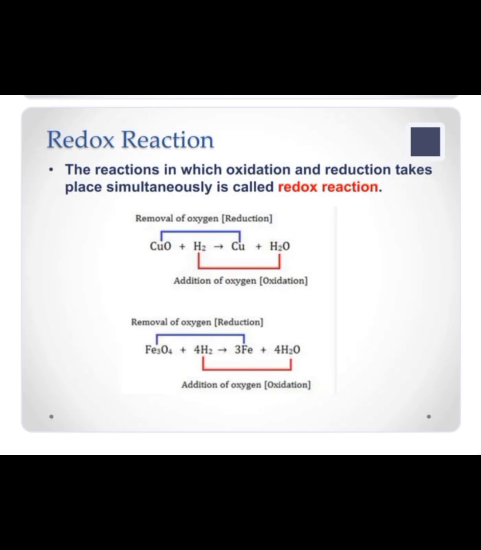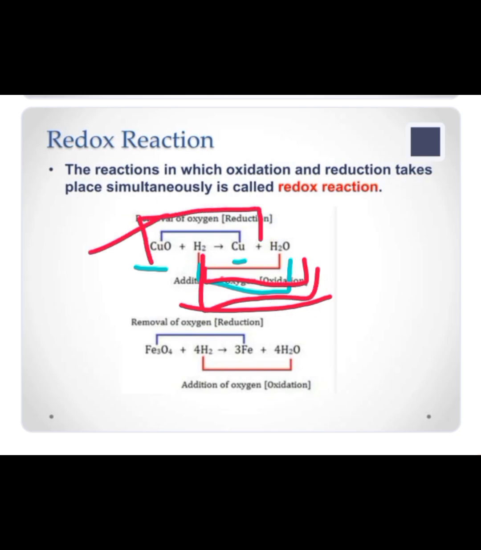For example, removal of oxygen from copper oxide changes it to copper, and addition of oxygen to hydrogen to form water is oxidation here. This is reduction and this is oxidation.